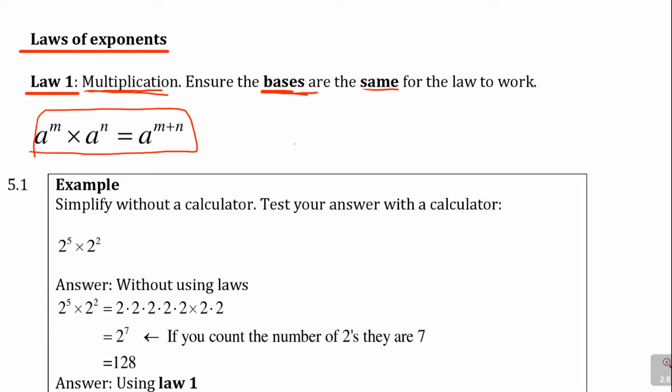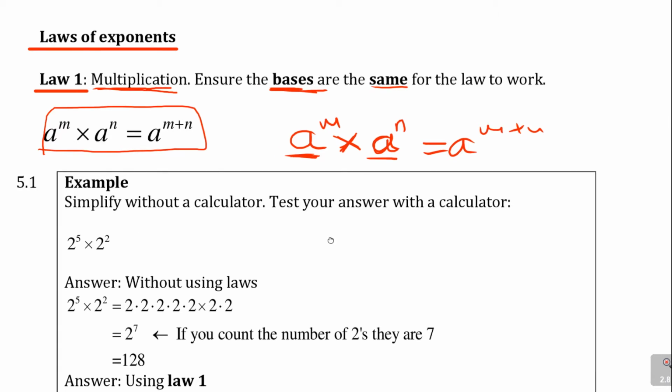With this law, if I'm saying a to the exponent m, I need to multiply, not add, not divide, not subtract, but it only applies when there is a multiplication. If I find another a, it has to be the same. These are the bases. See, the base is the same. It doesn't matter, it can be n. Then it says you take that base and then you add the exponents, which is m plus n.